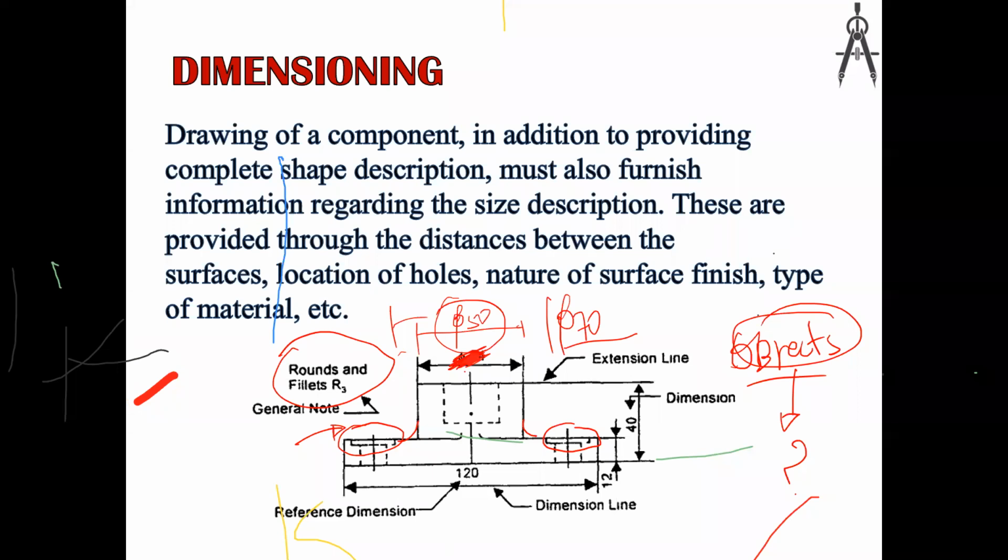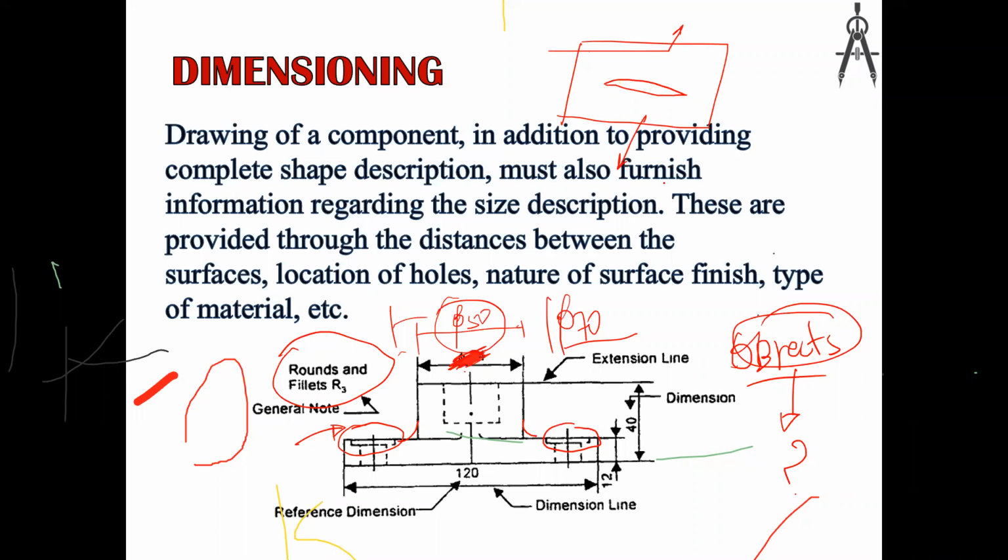You might have experienced this with rubber. If you have a rubber like this and there is a small tear inside, then if you stretch this rubber, what will happen? It will easily tear up.